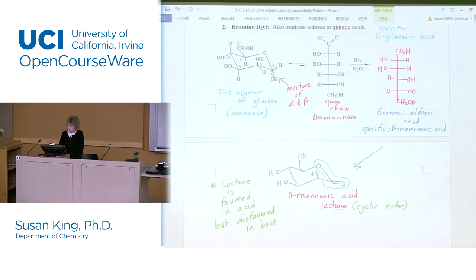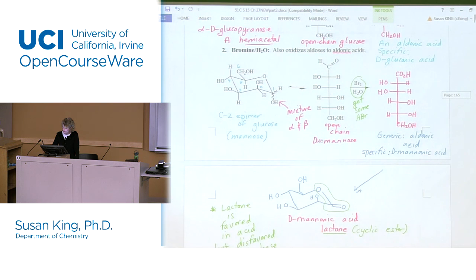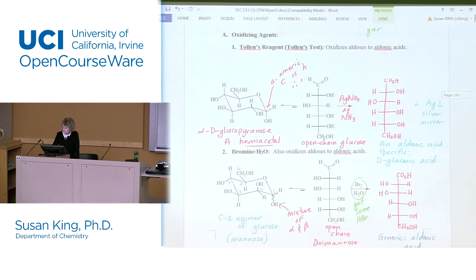All right, since this is bromine in water, when you have bromine in water, you get some HBr in this solution. So it's acidic solution. And so the lactone is favored in that. The reason we didn't get a lactone on the previous one is because this is base.